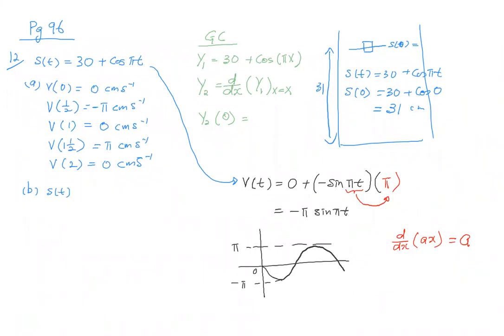Your T is time, so you go from 0 to maybe you want to put 10. Then you go to Zoom Fit. The window scale, you put 1, the X scale.